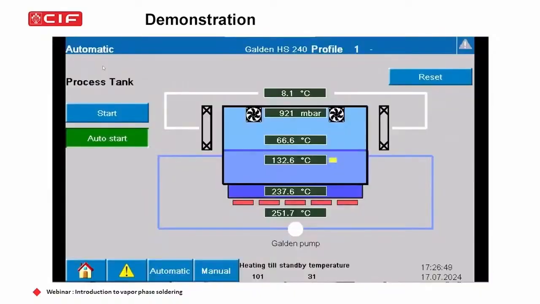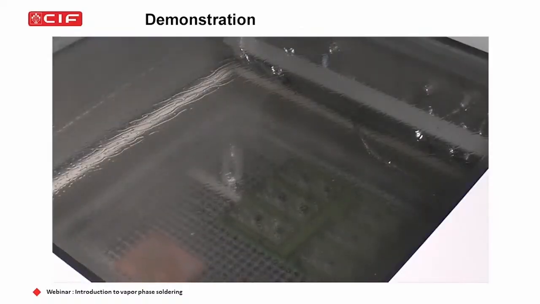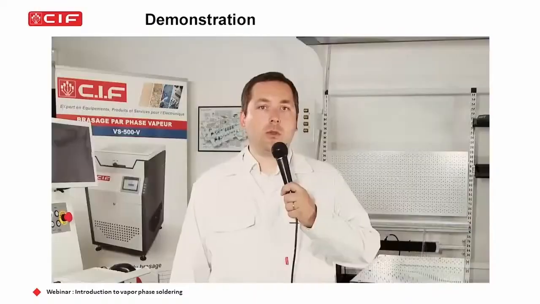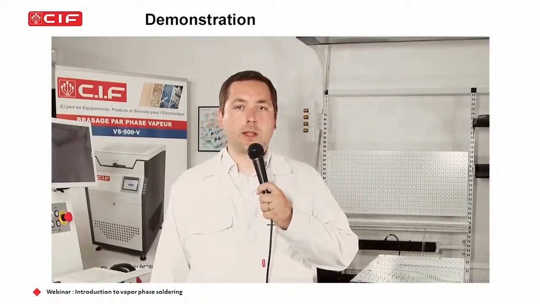Now it is heating up to reach the peak temperature. The liquid state has been reached and the solder is done, so the lift will now go up to start the cooling process. Now the lift is closed, so vacuum starts to recover the Galden for a few seconds.